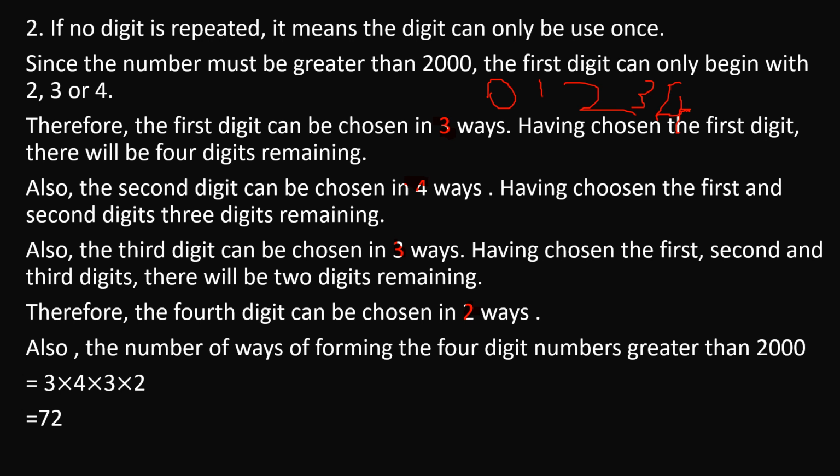Multiplying, we get 72. So the number of ways of forming 4-digit numbers out of the 5 given digits greater than 2000 is 72 ways. This is the answer. This is how you are supposed to do it.